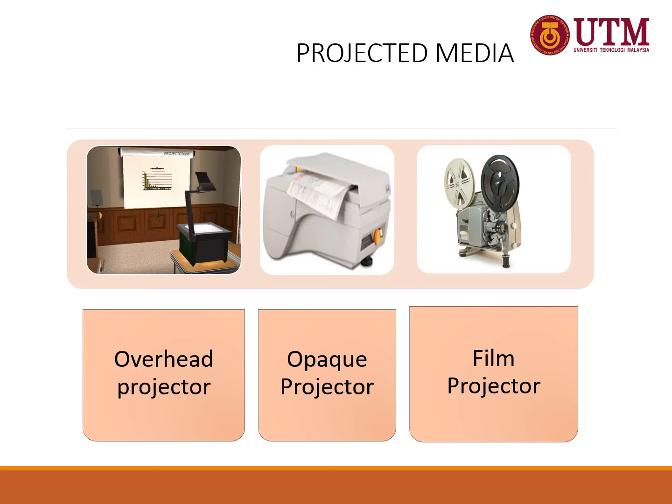And then thirdly, we have the film projector. Film projector used to be the only way back then, very, very old, to project films or movies, which is by moving the jack of the film projector, but it's quite old nowadays. Nobody is still using it.